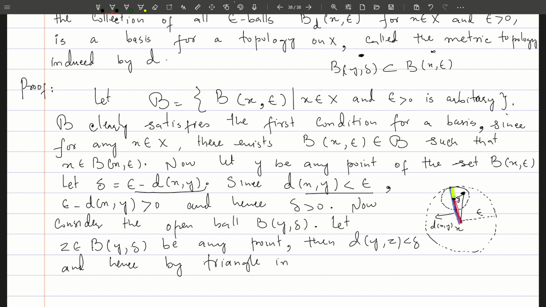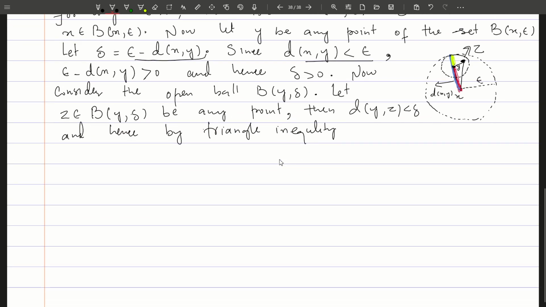So by triangle inequality, the distance between x and z is less than or equal to the distance between x and y plus the distance between y and z.